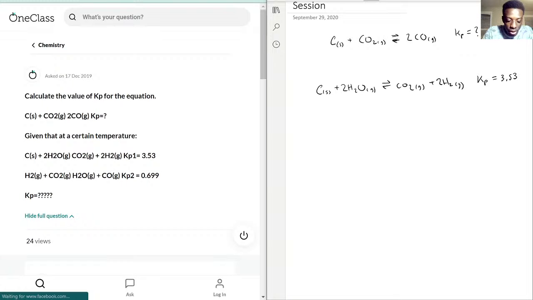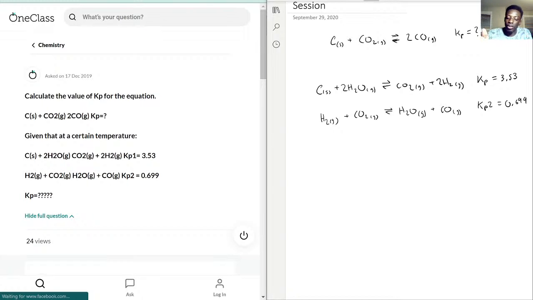So that definitely favors product being produced. Now the second one is H2 gas plus CO2 gas goes to H2O gas plus CO gas, and that would be Kp2 is equal to 0.699.